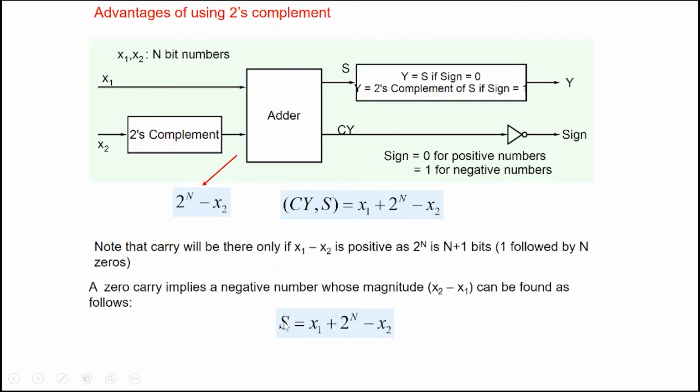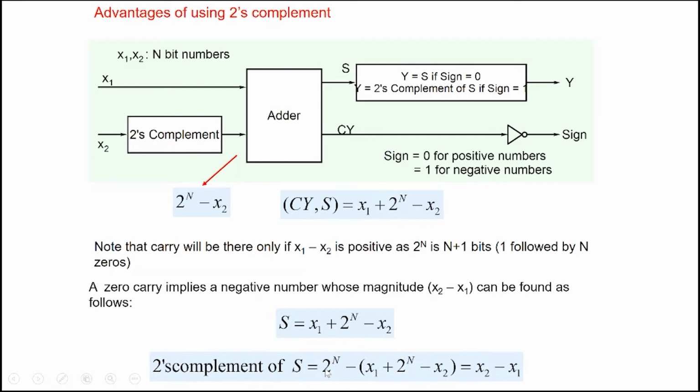And let's take a 2's complement of s. So 2's complement of s would be 2 to the power n minus this one here. So it is equal to x2 minus x1, which is nothing but the magnitude part here. Right? So this whole algorithm then makes sense of doing a subtraction of x1 minus x2 using the 2's complement approach here. All right, so let's illustrate that here.